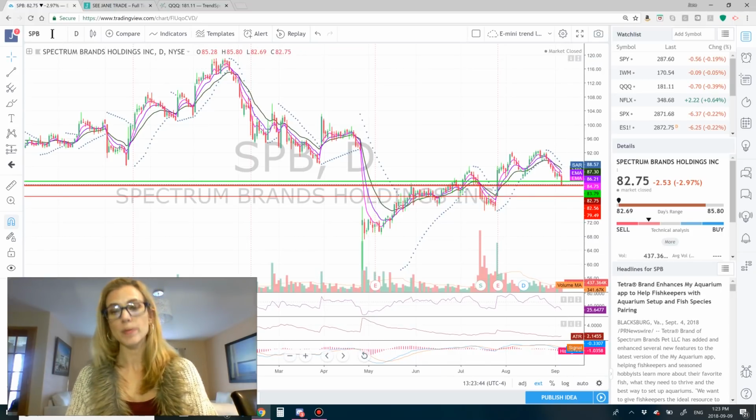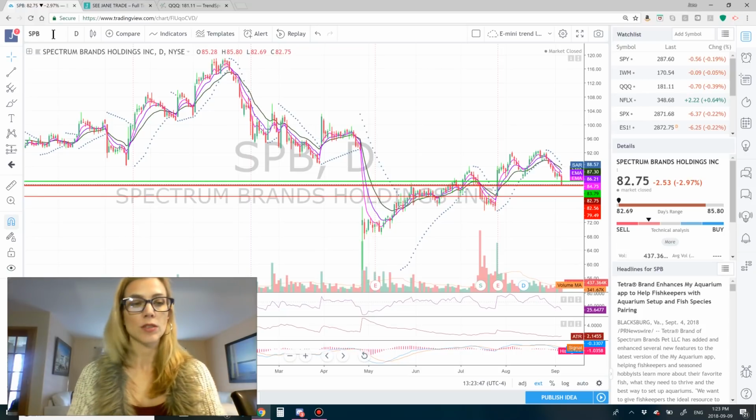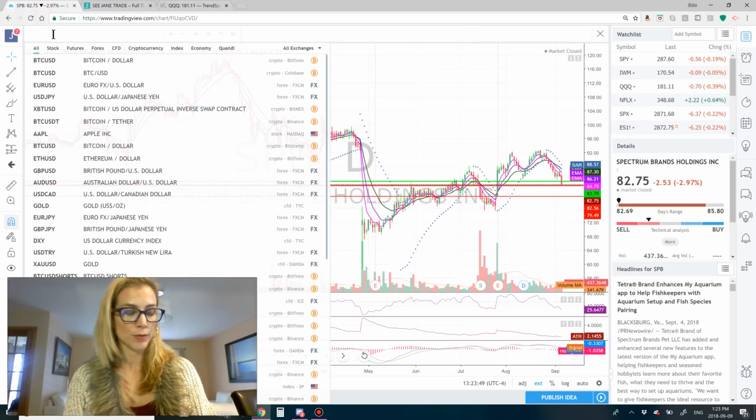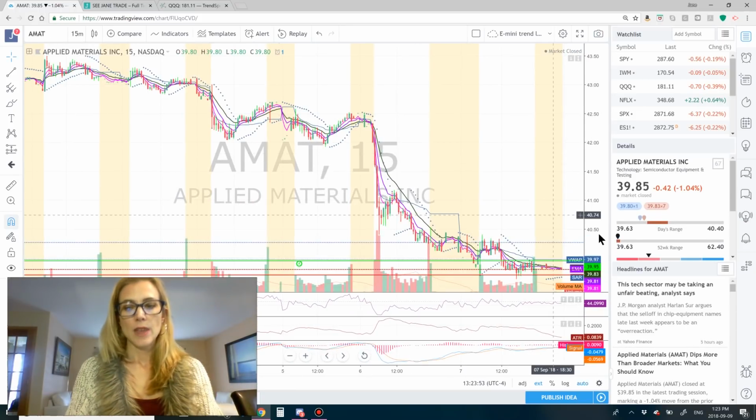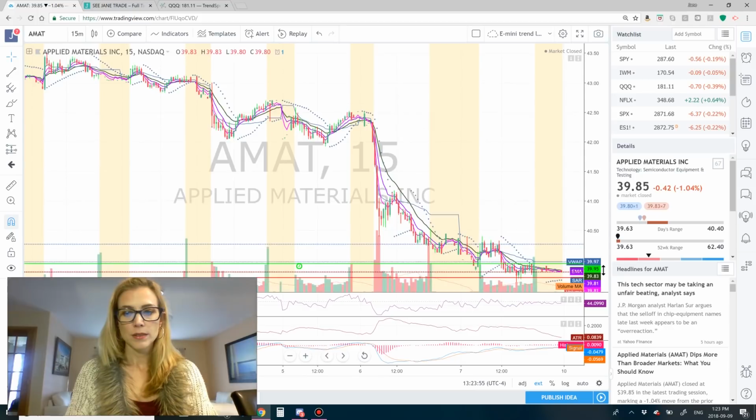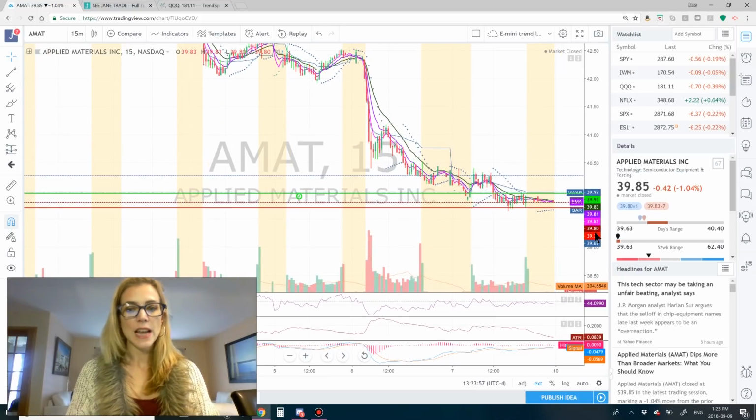SPB does have 20 million in the float, so careful because those can go against you as well since they're lower float. AMAT. I have a support of 39.71, resistance of 39.95, and it has 998 million in the float, so that's a pretty big freight train when it starts picking a direction.